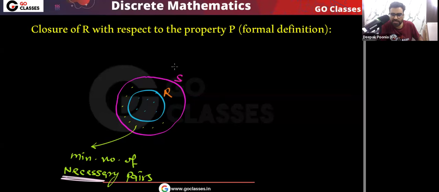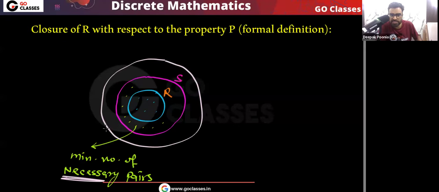So if you create any superset of R which satisfies property P, then it will definitely contain these necessary pairs. It can have something extra, but the point is it will be a superset of S, because S contains the minimum number of necessary pairs.